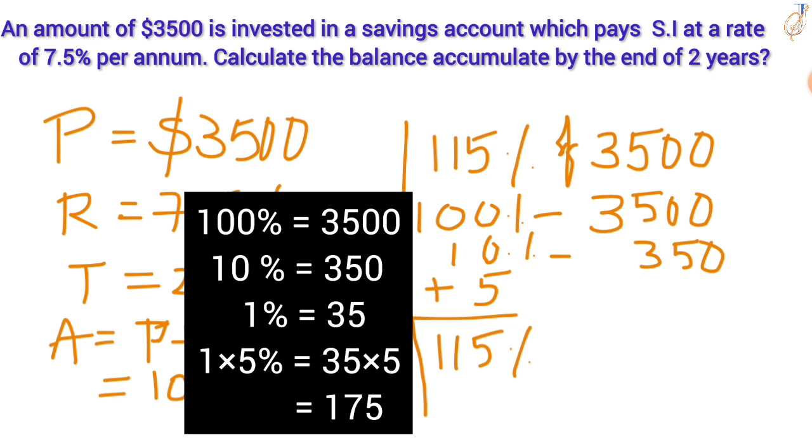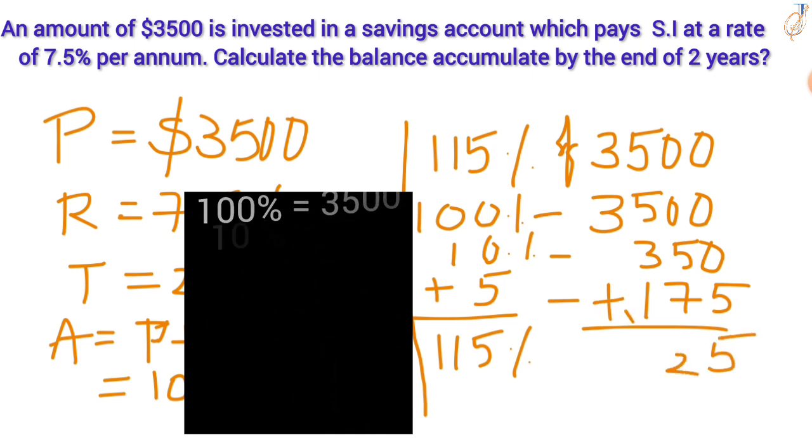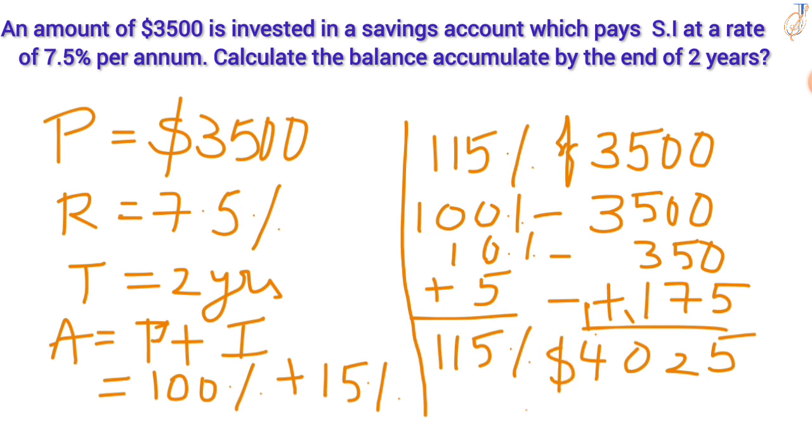But here you have to find 5%. 1% is 35, 5% is 175. After adding all this, you will get $4,025. This is the balance you will get at the end of the 2 years. Like that, without using any formula, you can solve this type of question.